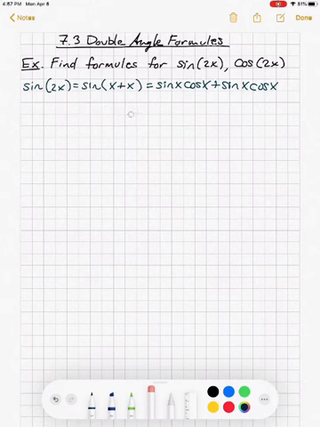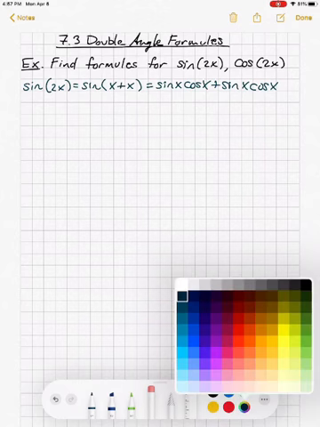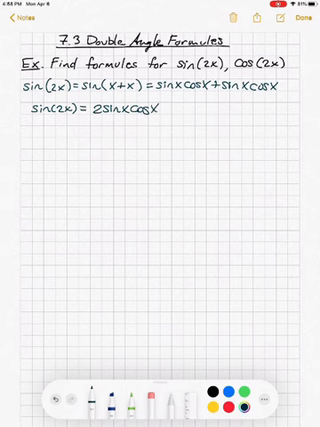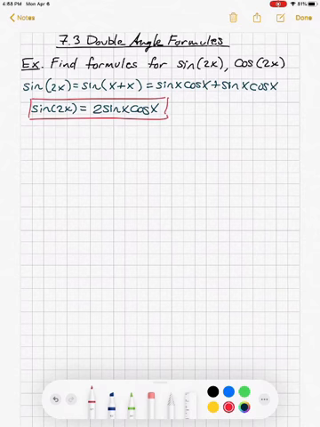It just happens that here the first and the second are the same. So wouldn't it be true then that sine of 2x, I have like terms, 2 sine of x cosine of x. So there's my double angle formula for sine.